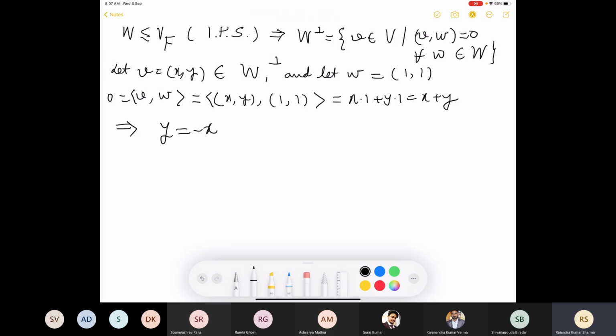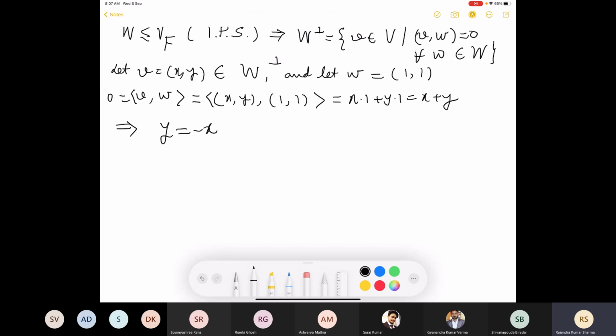So W orthogonal therefore consists of all such vectors, and we also know that its dimension is 1. That we had already seen, because the dimension of W is 1 and the dimension of V is 2, and therefore by the theorem that V is the direct sum of W and W orthogonal, the dimension of W orthogonal is 1.